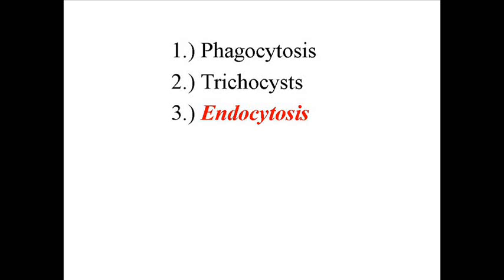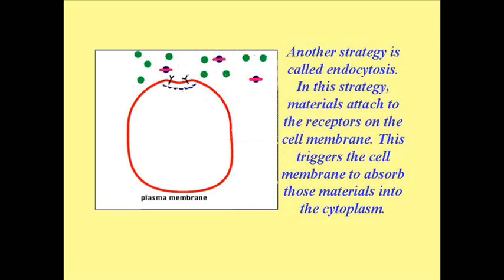In this strategy, materials, sometimes viruses such as HIV, will attach themselves to proteins on the cell membrane, and the membrane will then, under a series of chemical changes, absorb those materials into the cell itself.